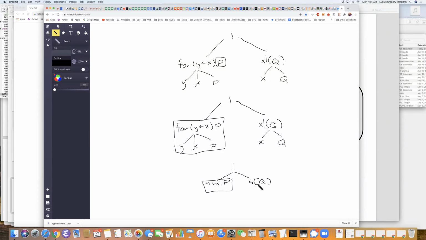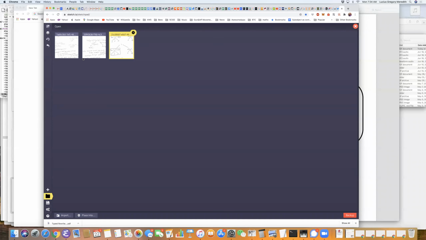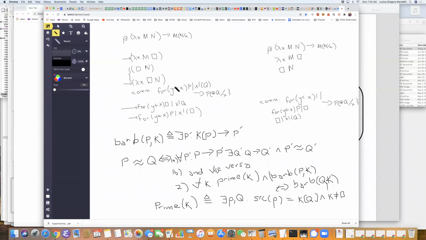And then as before, we can use this context-based notion of barb to derive a notion of barb by simulation for any rewrite system, whether it's lambda or pi or rho or ambient or what have you.